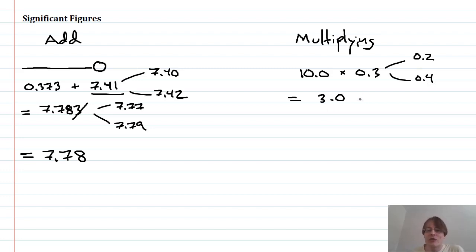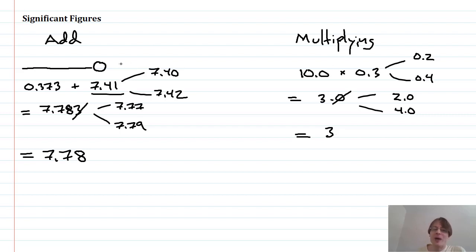So in that range, the answer is not really 3.0. The answer is somewhere between 2.0 and 4.0, right? So I sure can't claim that I know the number is 3.0. In fact, I'm only confident in one digit, which is the number 3. So I have to round it, dropping off that last digit, and report the answer as 3.